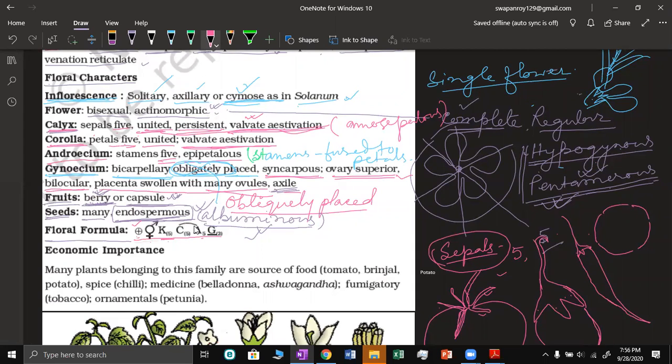Epipetalous condition is there. And gynoecium 2 syncarpous, and you can see a line drawn below G. So this one is indicating that ovary is superior, or you can say flower is hypogynous. So these are the characters of the floral formula.